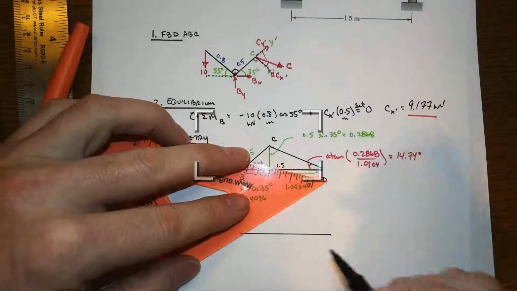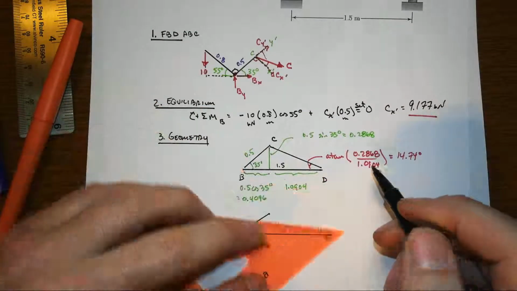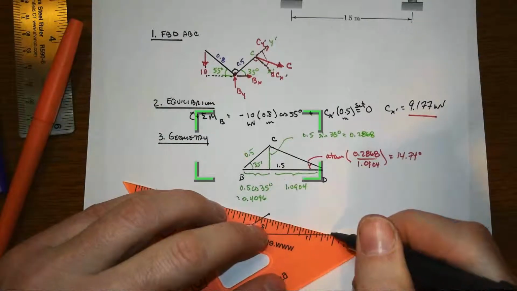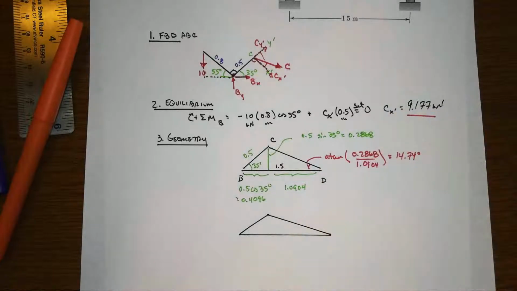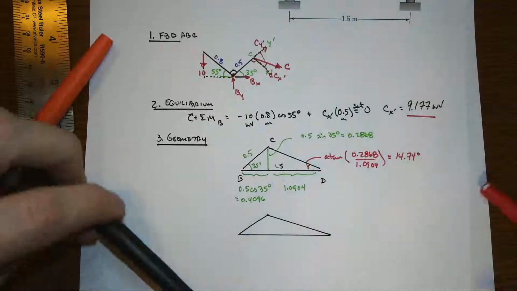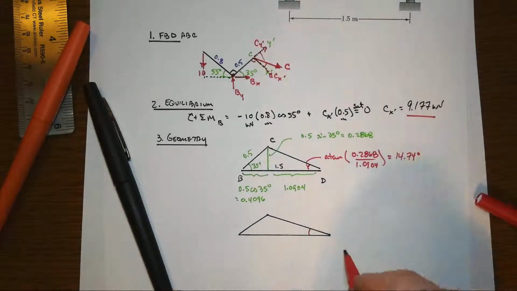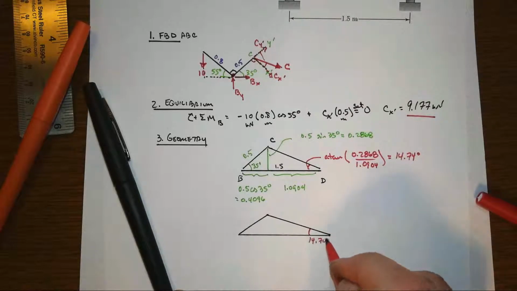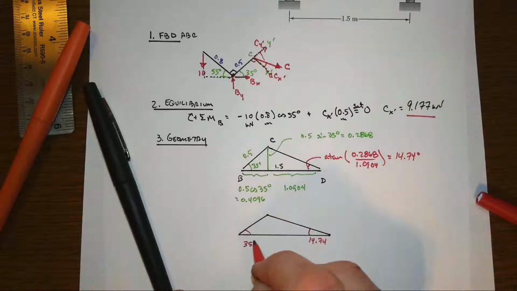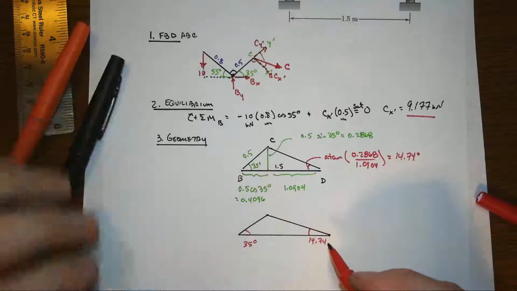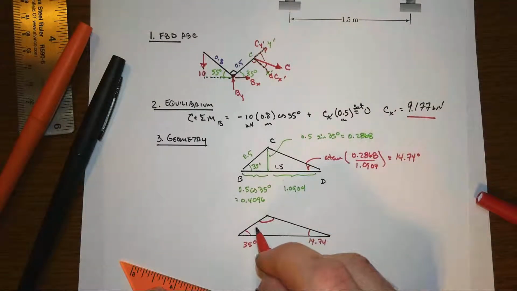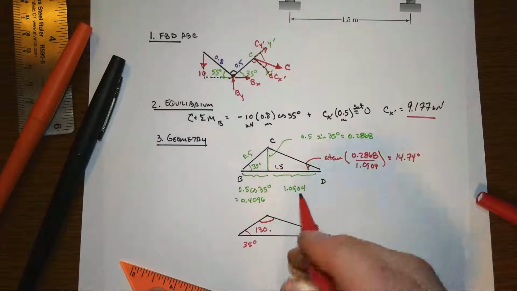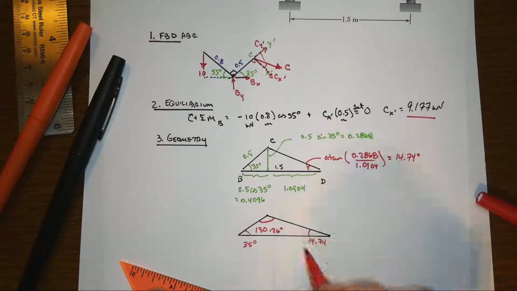And there's 35. This is probably still not to scale, but it's a little bit closer than it was before. Let's mark the angles we know. There's your 14.74. There's your 35 degrees. Add the two up, subtract from 180, and you'll get that this other one is 130.26 degrees.